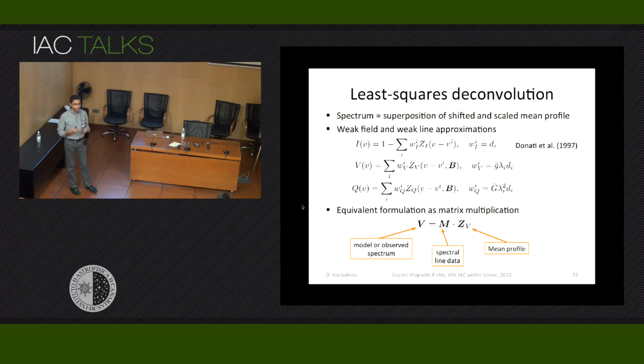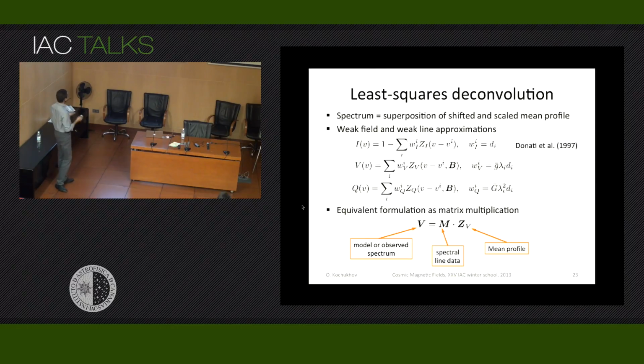So the idea is that in this spectrum, we have many, many lines. For solar type stars, thousands of lines. And the Stokes parameters in these lines are not completely dissimilar, right? In particular, if we use these weak field and weak line assumptions, as I demonstrated before the break, you remember that we basically had derivative of Stokes I scaled by the lambda factor in the field strength.